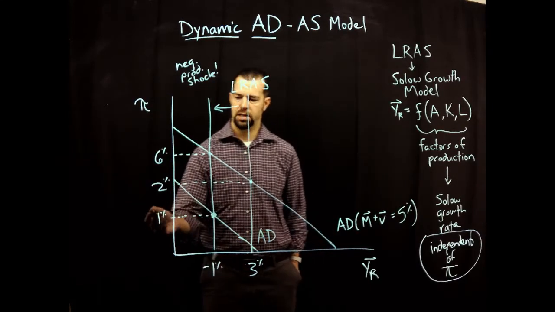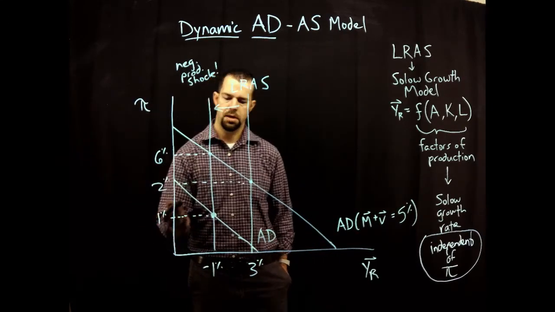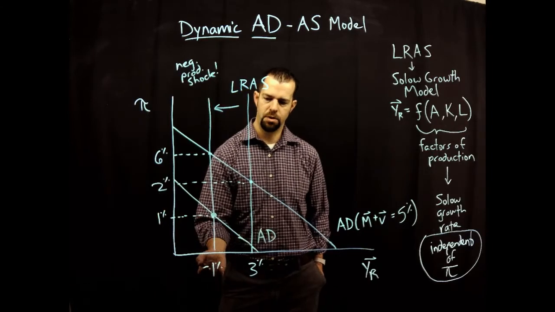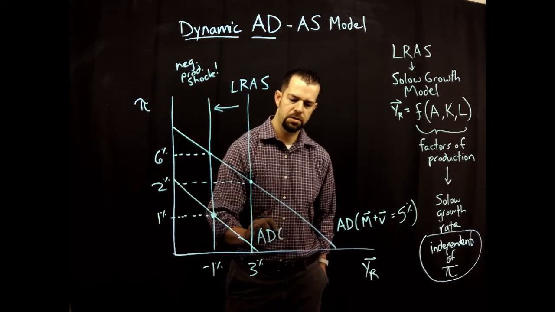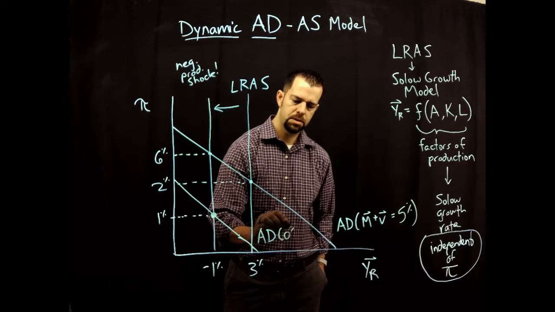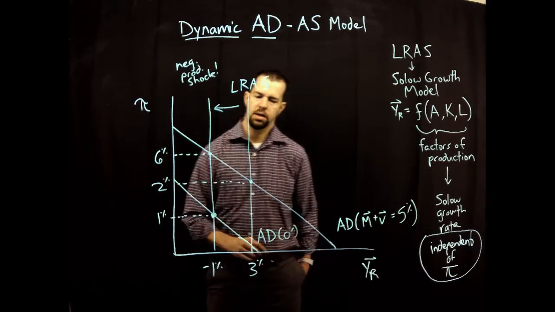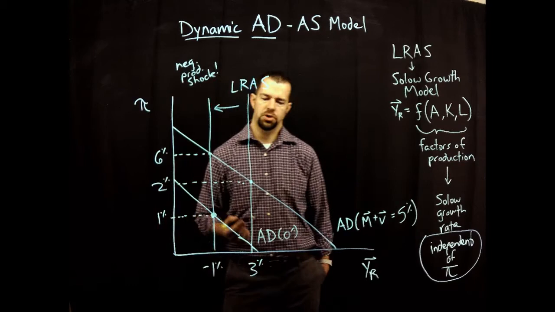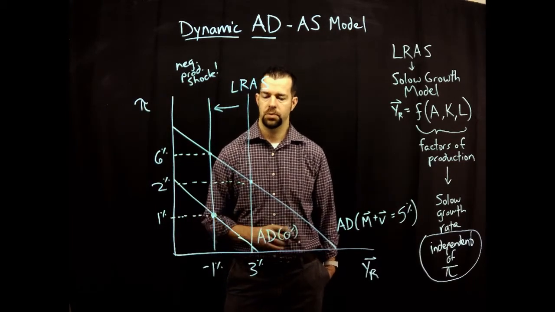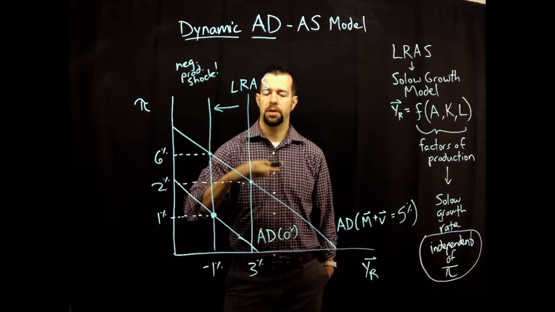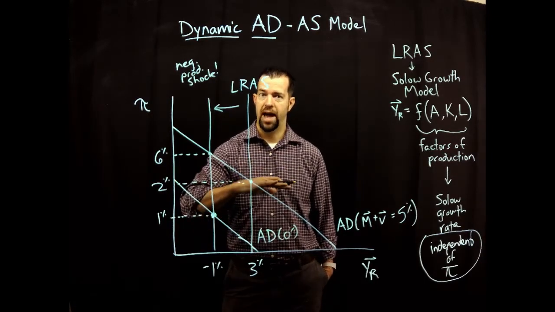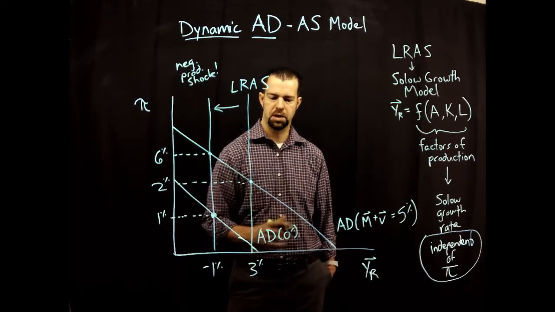Well, if you take the inflation rate of 1% and you add to it negative 1%, you have a spending growth rate of 0. So at this point, spending growth has essentially frozen. The spending level has not decreased or increased. It's just flat at this level when we have a spending growth rate of 0%.